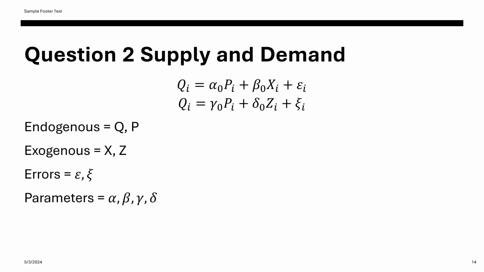Really standard. Here I will just say alpha, beta are supply parameters, and gamma, delta are demand parameters. Demand will be downward sloping, supply will be upward sloping, but the mathematical expressions are the same.